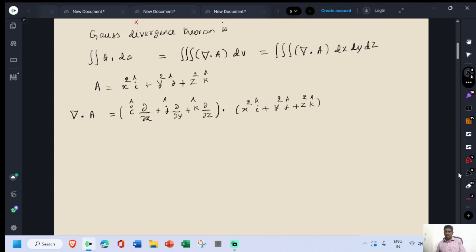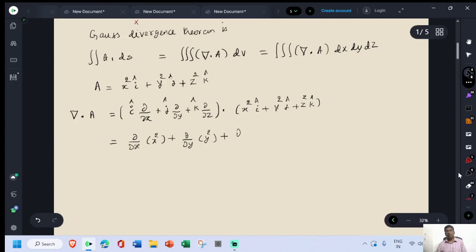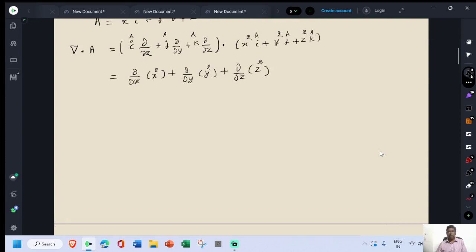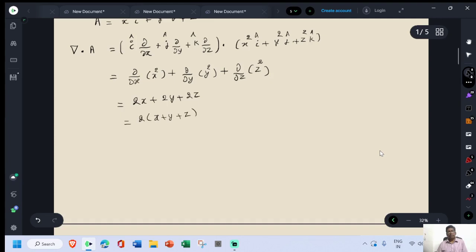Then we know that i dot i is 1, i dot j is 0, i dot k is 0. Therefore, this is dou by dou x of x square plus dou by dou y of y square plus dou by dou z of z square, which is equal to 2x plus 2y plus 2z, that is 2 into x plus y plus z.